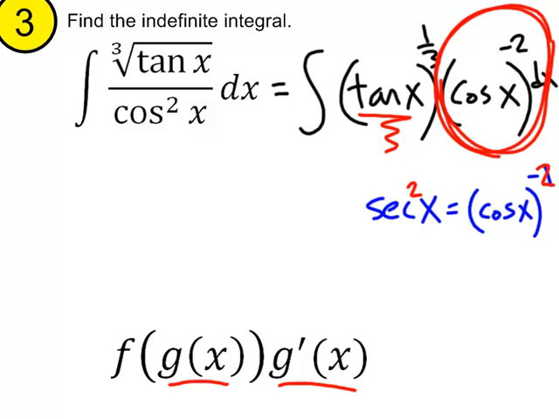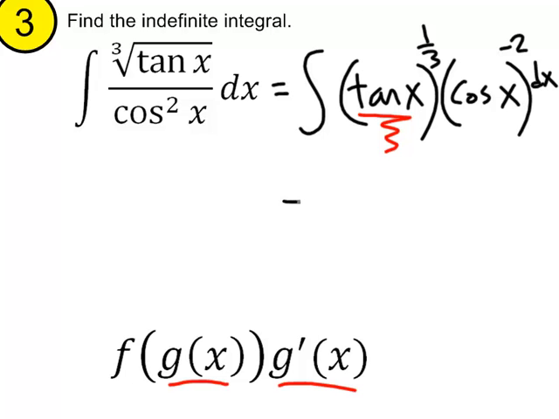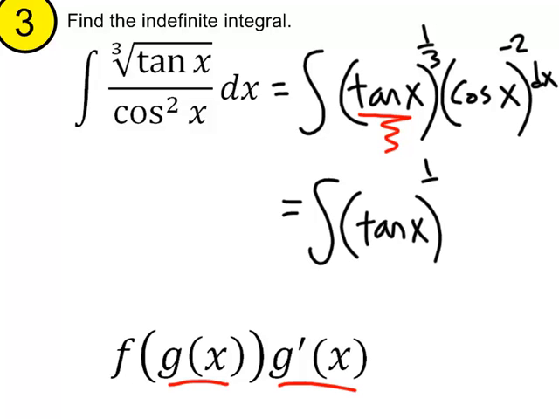Perfect. So let's rewrite our integral as tan x plugged into a blank to the 1/3 outer function times the derivative of tan x, secant squared x dx. And now this fits the pattern g of x, g prime of x, tangent x, secant squared of x.